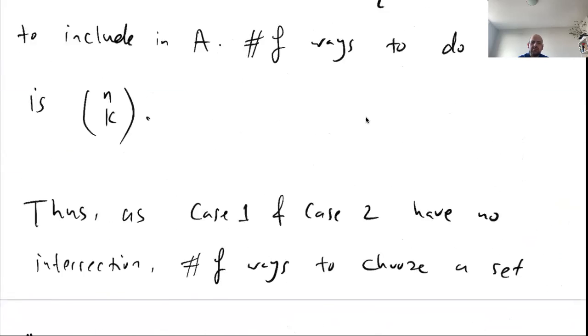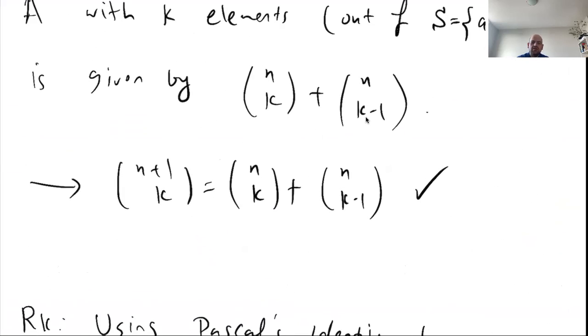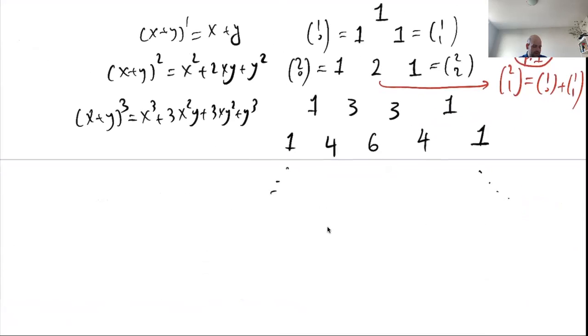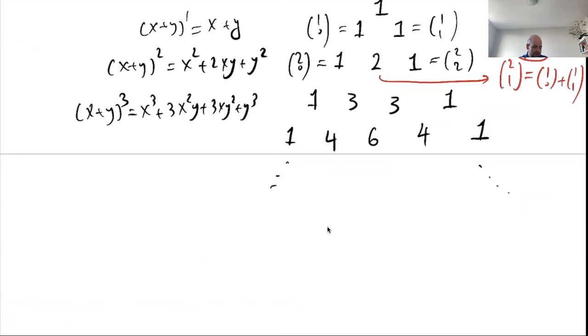See, because n plus 1 choose k. So 2 choose 1 is 1 choose 1 plus 1 choose 0, right? If my k is 1 and my n is 1, 2 choose 1 is 1 choose 1 plus 1 choose 0. And a similar thing happens in the next rows as well. So for example, here, this is again 3 choose 0, the coefficients for power 3. The first one is 3 choose 0, which is of course 1.